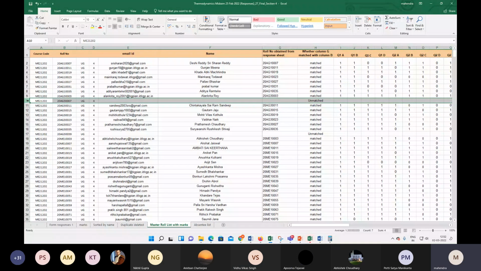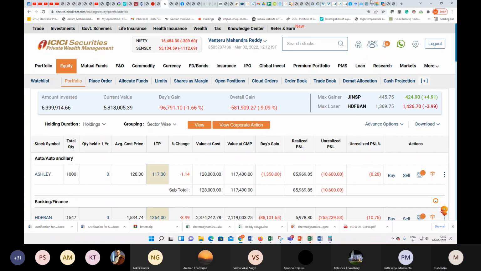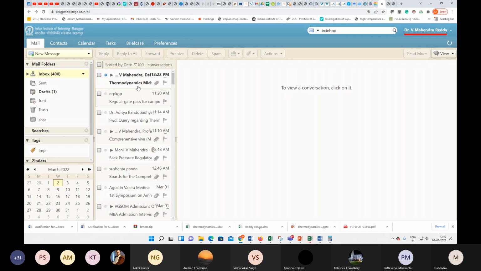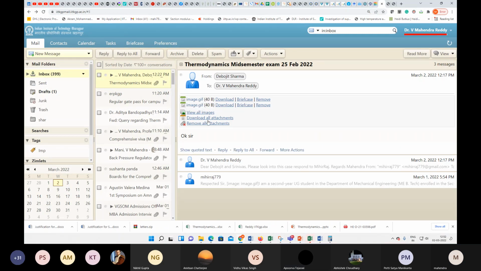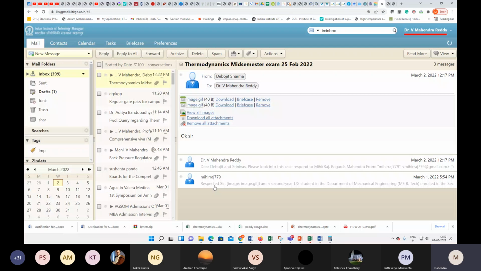So you also please write one message, either in mail or otherwise. I already mailed you. You already mailed me. Let me see then. Okay, Mihir Raj, our TAs will respond to you. It may take a little time. They have identified my mail.